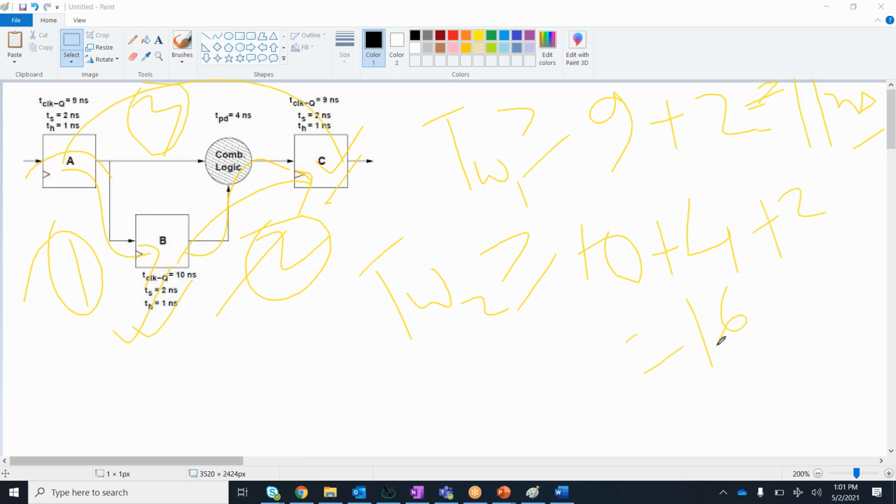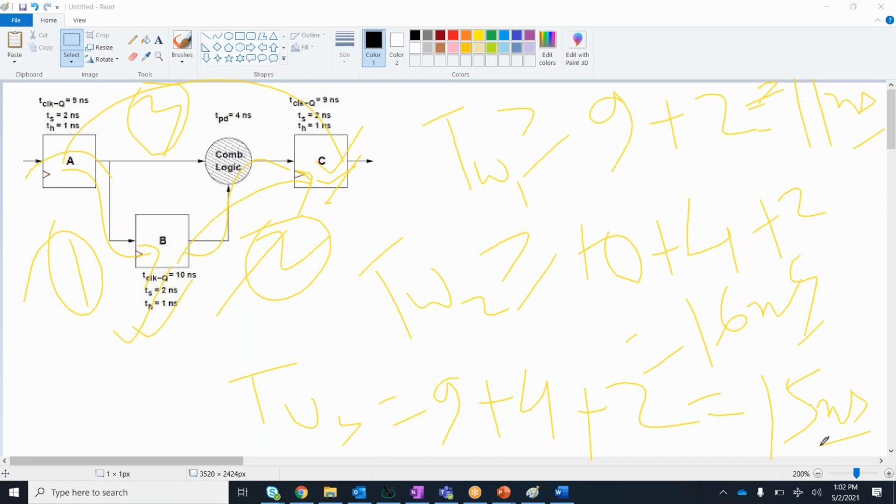That is 16 nanosecond. 10, 4, 2. Let's go for the A to C path. That is the third path. Clock to Q delay 9 nanosecond. Combinational delay is 4 nanosecond. Setup delay for C flip-flop, the capture flop, is 2 nanosecond. That is 15 nanosecond.